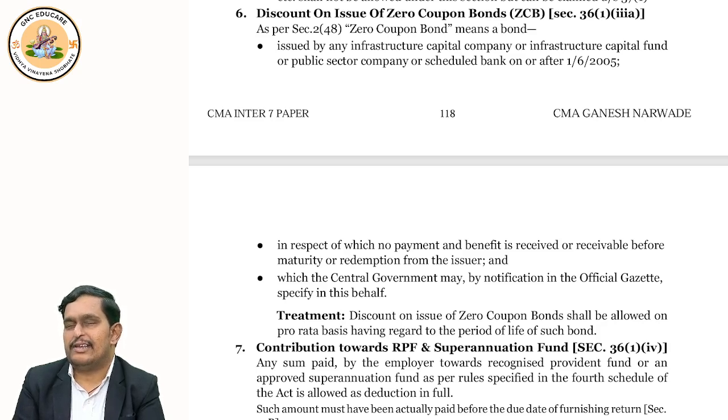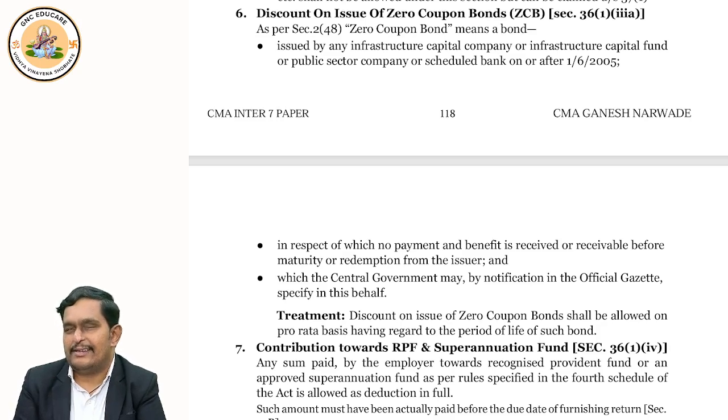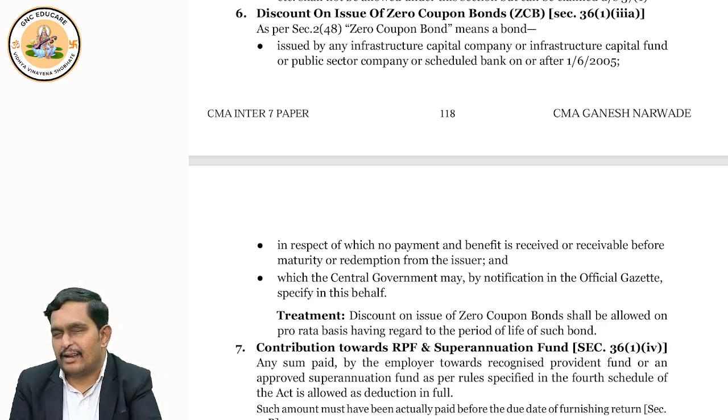But for the infrastructure capital company, the infrastructure capital fund, or the public sector company who issue this type of zero coupon bonds, for them interest is an expenditure.